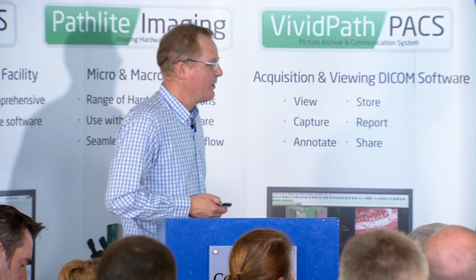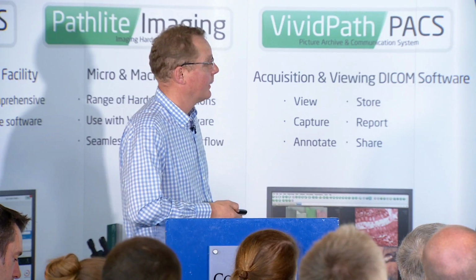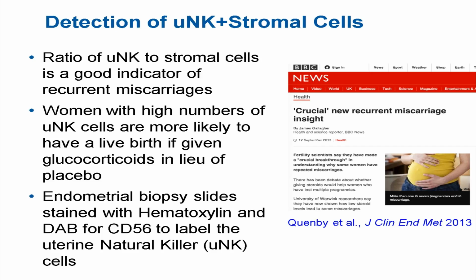So can we remove the pathologists altogether from this labour-intensive work? So this is a piece of work done by Siobhan Quemby. She's an obstetrician that we work with down our way, and her team's identified natural killer cells, which are a subpopulation of lymphocytes, as an indicator of recurrent miscarriages.